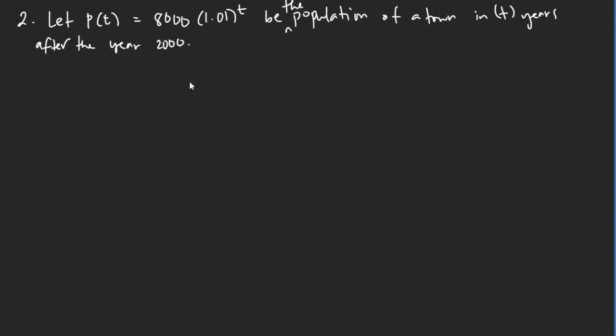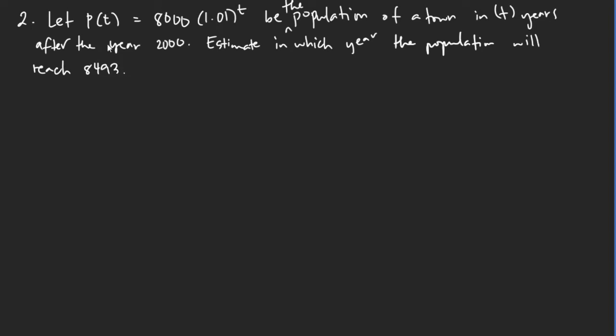So this is a function that we're going to use to solve for the future population of a specific town. Question. So this is our task. Estimate in which year the population will reach 8,493.